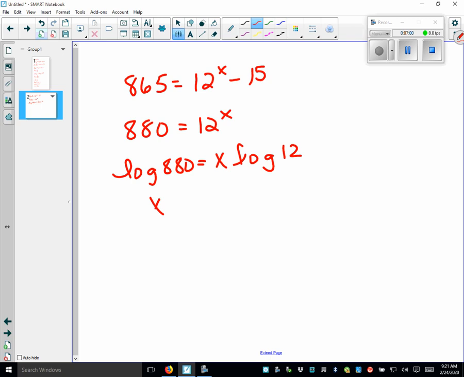Divide by log 12. I got 2.728. Everybody get that? Everybody's okay putting it in their calculators?